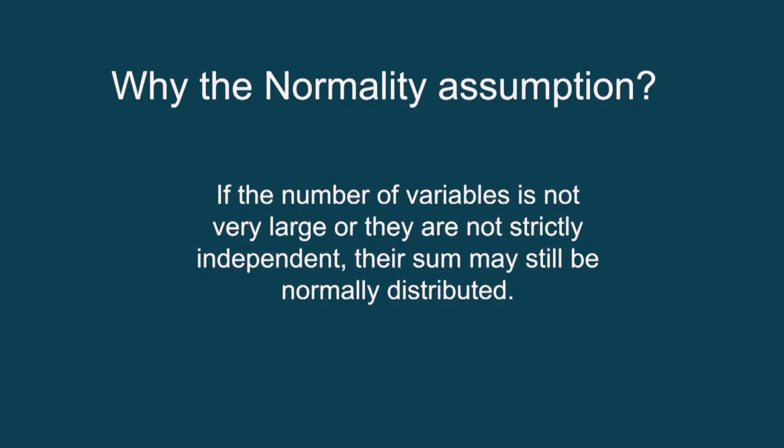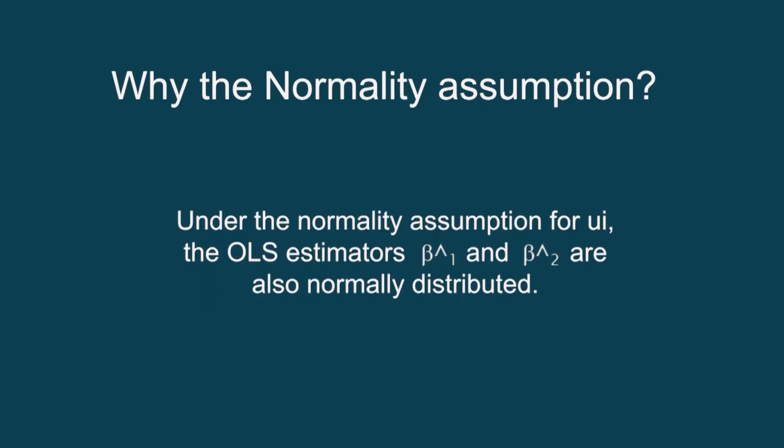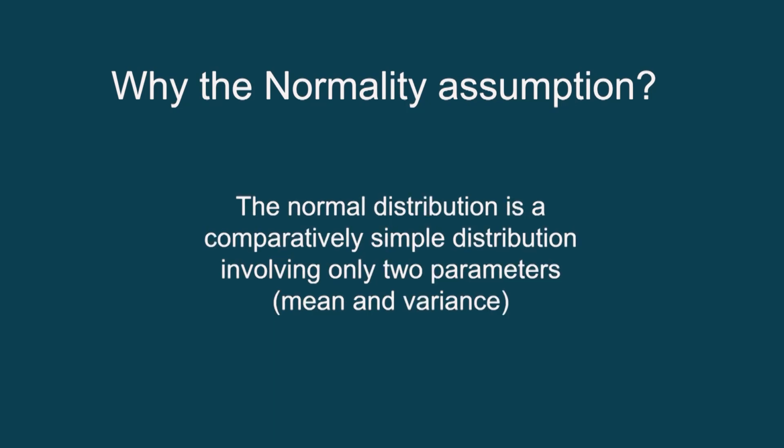Secondly, if the number of observations is not very large, then the estimation procedure will not be robust and the inferences cannot be drawn accordingly. Thirdly, the OLS estimates have to be given a proper inference. That is very important in the estimation procedure. And finally, the distribution will have two parameters, mean and variance, which need to be computed.